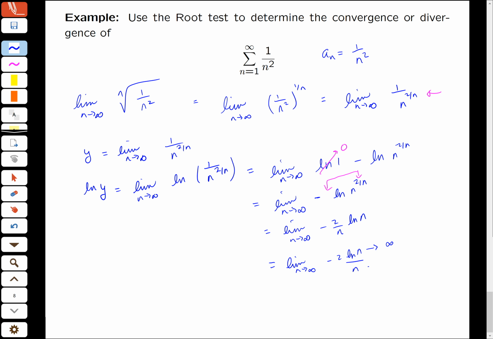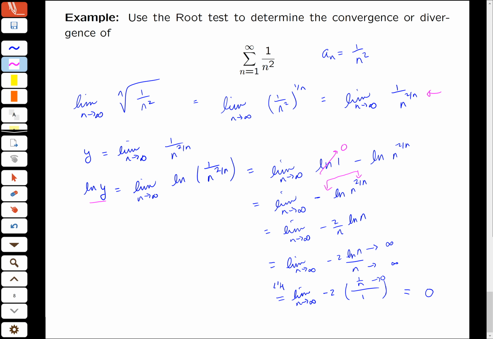And n goes to infinity, so apply L'Hopital's rule. I'm going to just leave the minus 2 out in front. What is the derivative of the natural log of n? 1 over n. Derivative of n? 1. Now as n goes to infinity, where does that go? 0. So our whole answer is going to be 0.